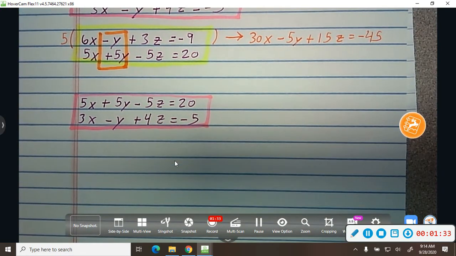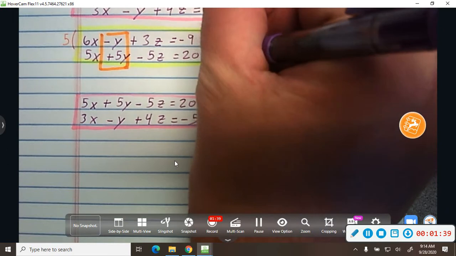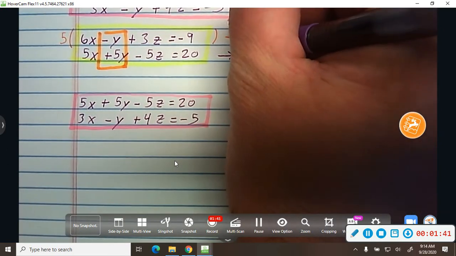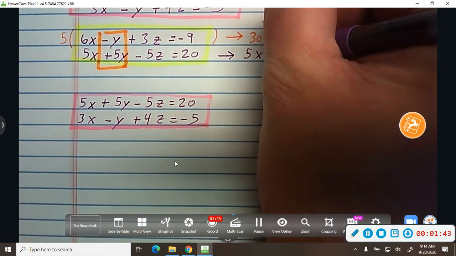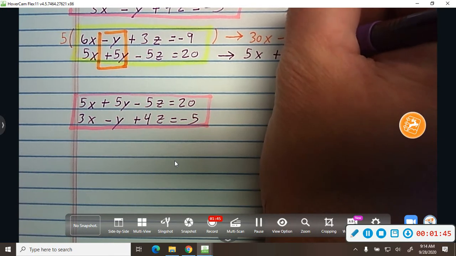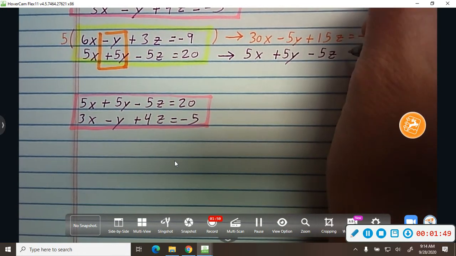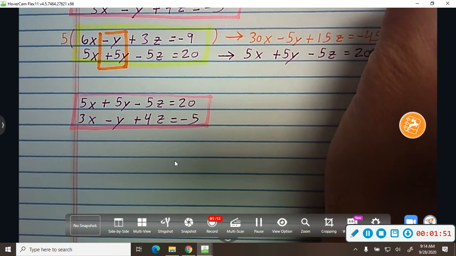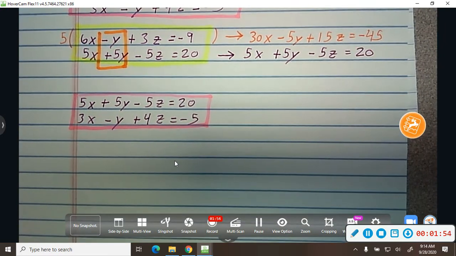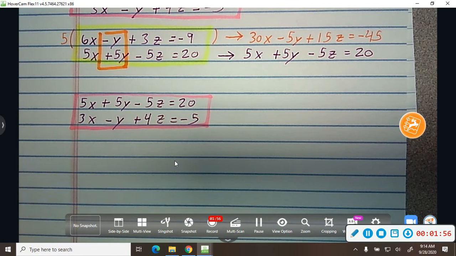And then the other one, and this is part of why we chose to not do x's or z's, because this one I could just leave alone. And notice now the y's are opposites. Okay, so I could go ahead and add those together.